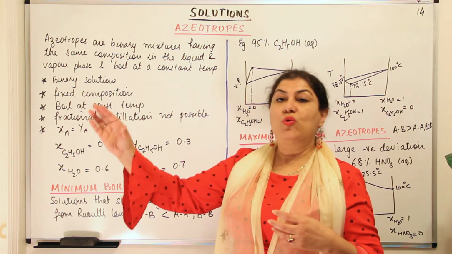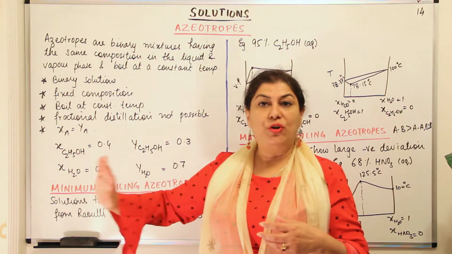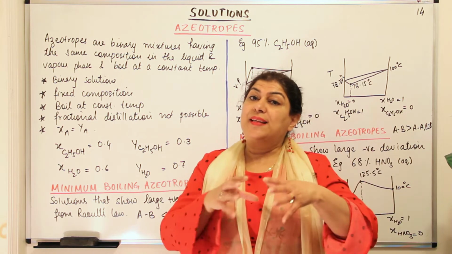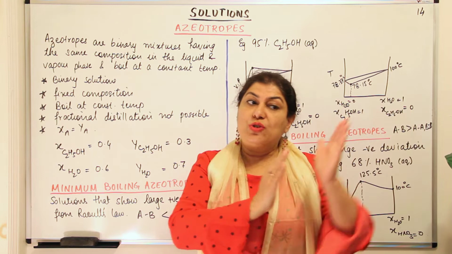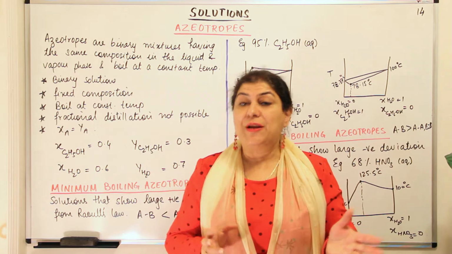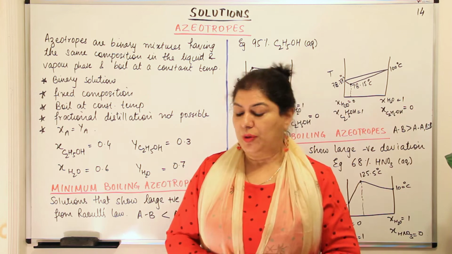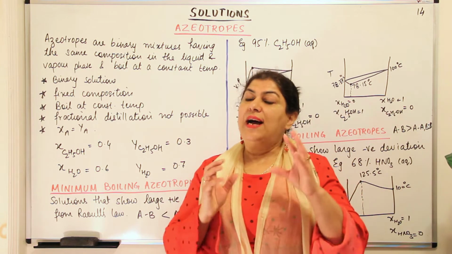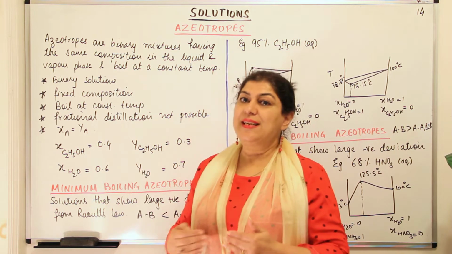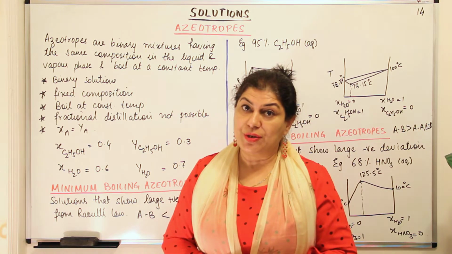That is, the attraction between solvent molecules when they were not mixed, and after mixing, the interaction between the two kinds of molecules, A and B. When these forces of interaction are different, the solution shows a deviation from Raoult's law. In order to revise that, I would encourage you to view the previous video and then come to this, because this is now a specific situation of that positive or negative deviation.